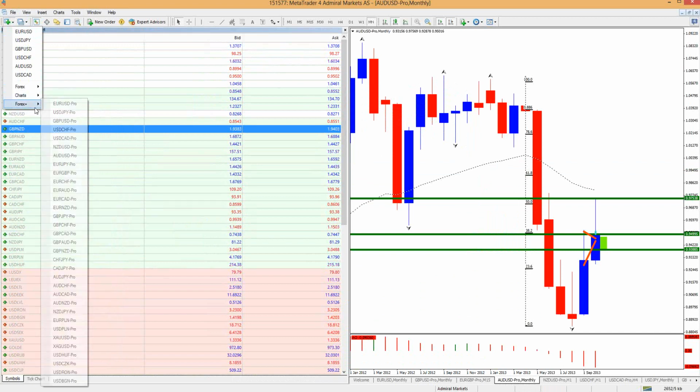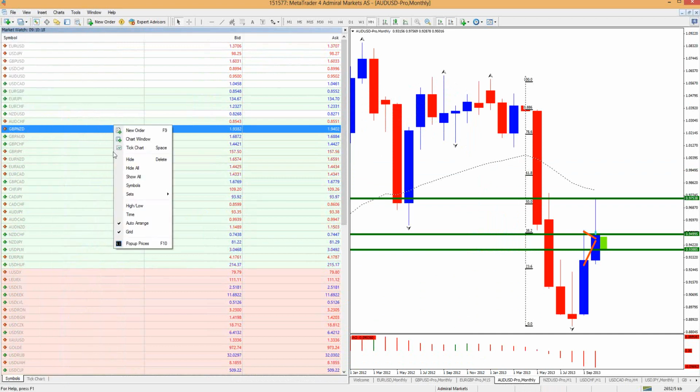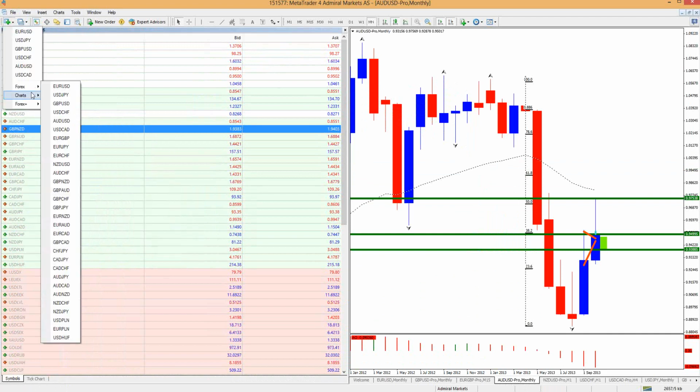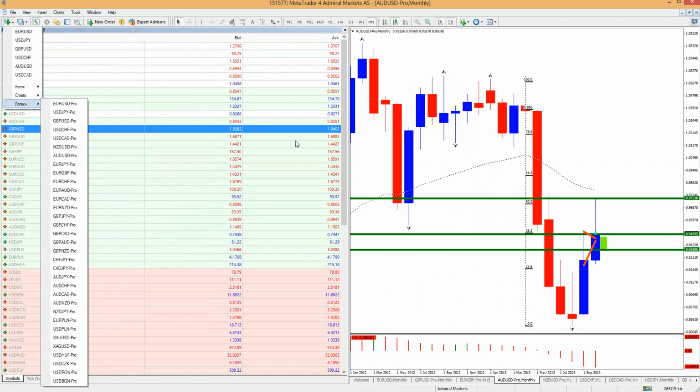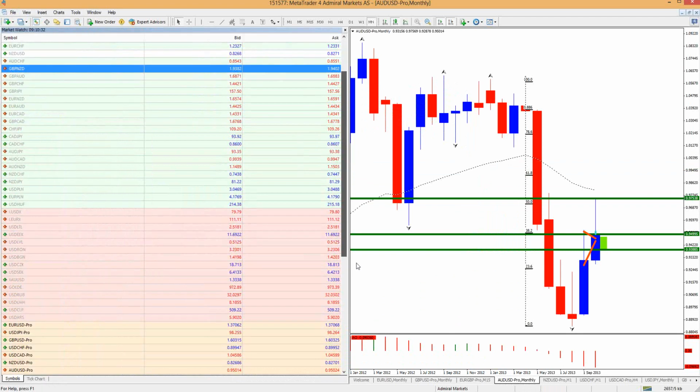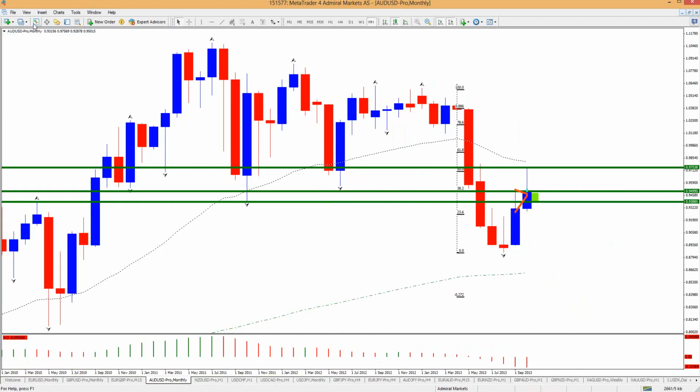Still not there though. Next time, I'll try to figure it out. Maybe I can choose under symbols.